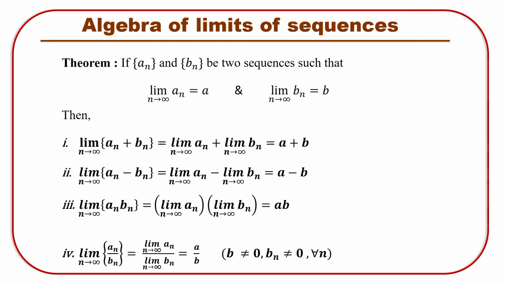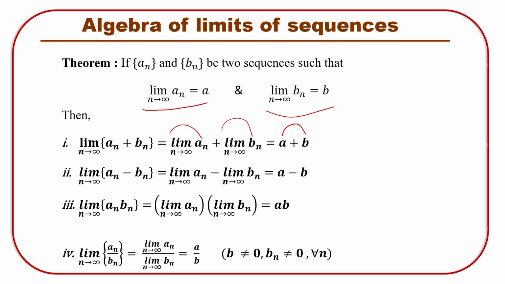There are 4 famous theorems for limits of sequences. We call it the algebra of limits of sequences, and we are going to prove each one individually. Suppose a_n and b_n are two convergent sequences, a_n converging to a and b_n converging to b. Then limit of a_n plus b_n is the sum of the individual limits, a plus b.